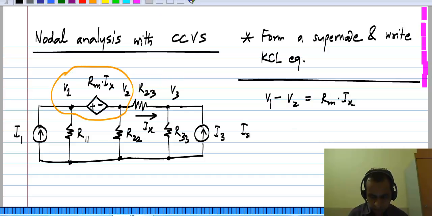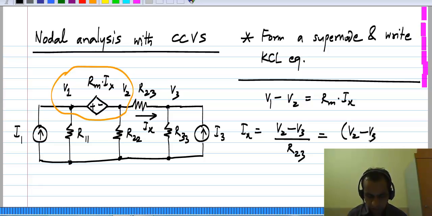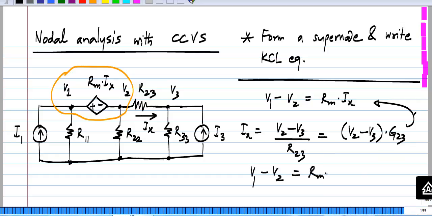We know that Ix is V2 minus V3 divided by R23, which of course is the same as V2 minus V3 times G23. So I will put that in that equation and write V1 minus V2 to be Rm times G23 times V2 minus V3.